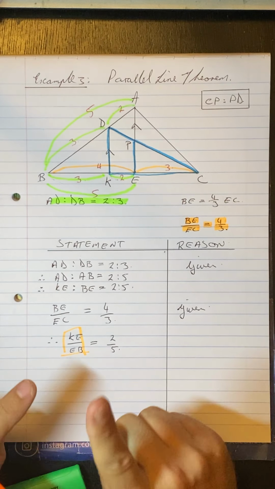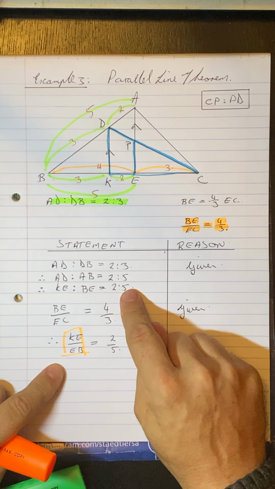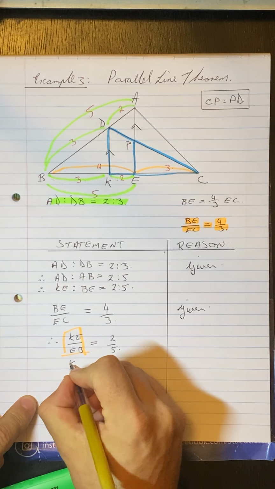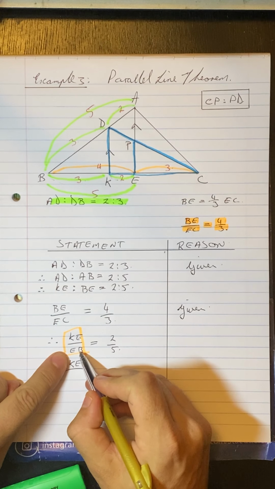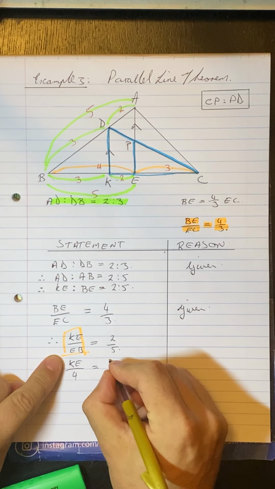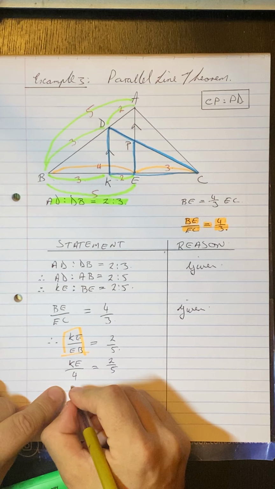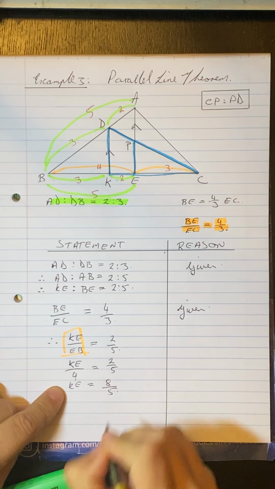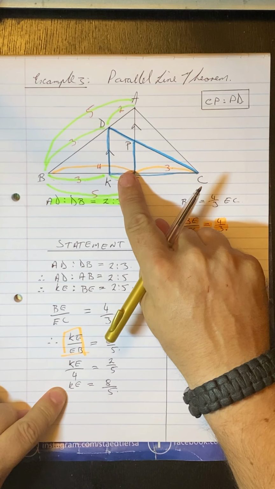So I've got KE, and our EB for our orange hop is the 4, equals 2 over 5. Now I can multiply up by the 4 and I get KE is equal to 8 over 5. That is our orange bit.